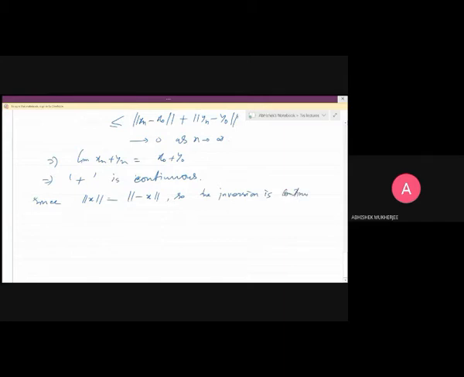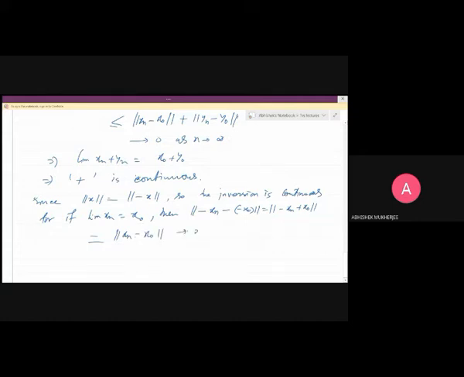Just take one sequence: if the limit of xn equals x naught, then the norm of minus xn minus minus x naught equals the norm of minus xn plus x naught, and so it is the norm of xn minus x naught.